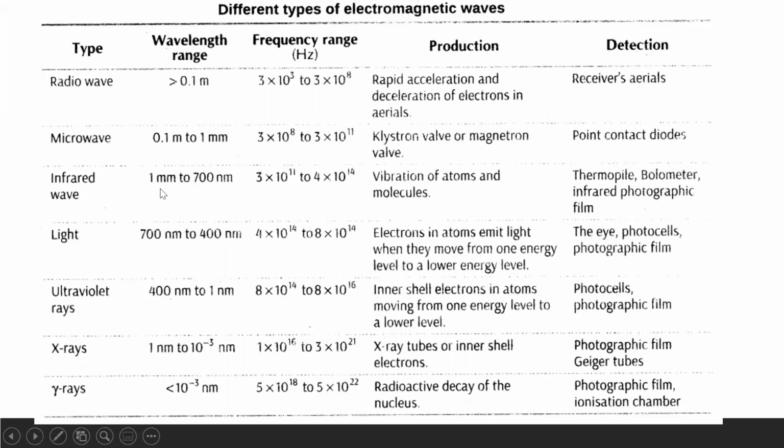So they can travel for a longer distance without getting scattered. And thermopile is a device that converts thermal energy to electrical energy. So infrared radiations means thermal radiations.